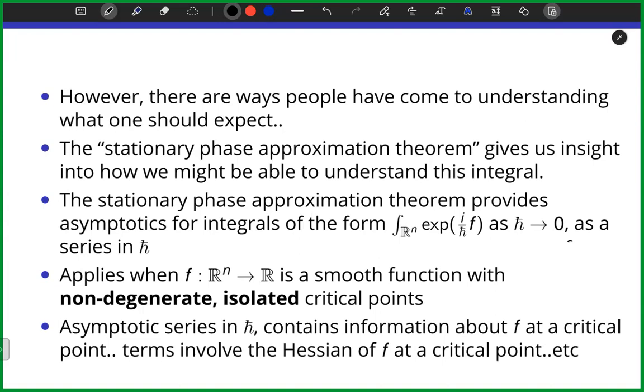If you want to imagine what's going on with this integral, f is a real valued function. So when I do e to the i f, this is valued on the circle. And then as h bar goes to 0, this is going to fluctuate wildly around the circle. And then on average, everything's going to cancel out except for things at the critical points.